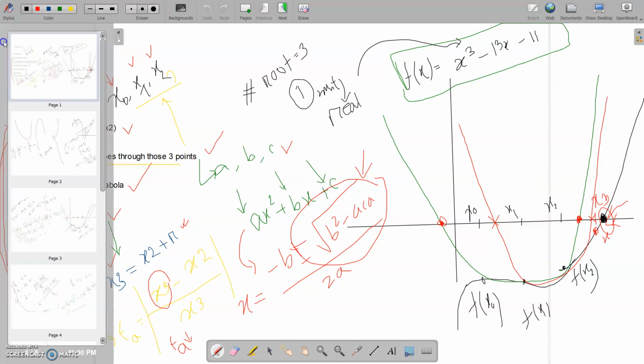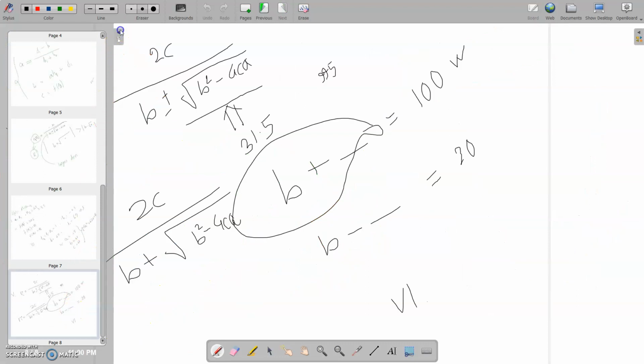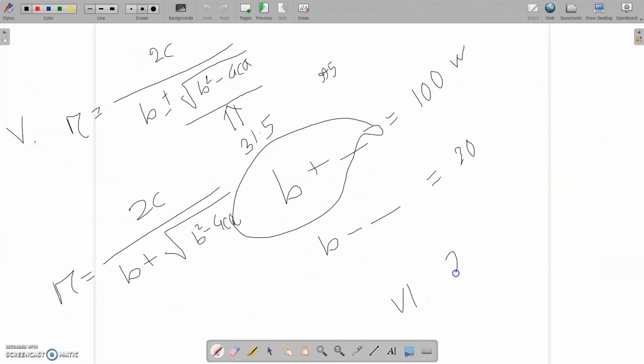Then I need to find the new point. So what is my new point? My x3 is equal to my previous point x2 plus this r. My x2 was probably 5 plus this r, which will be something negative.